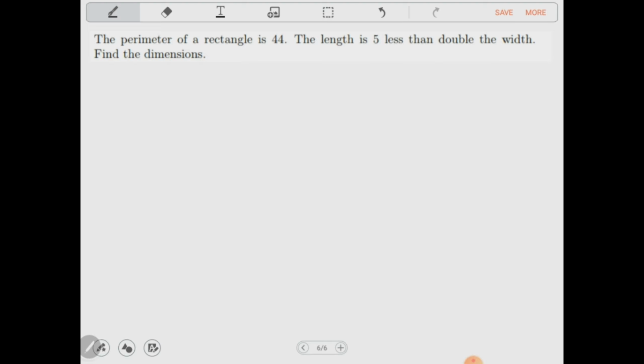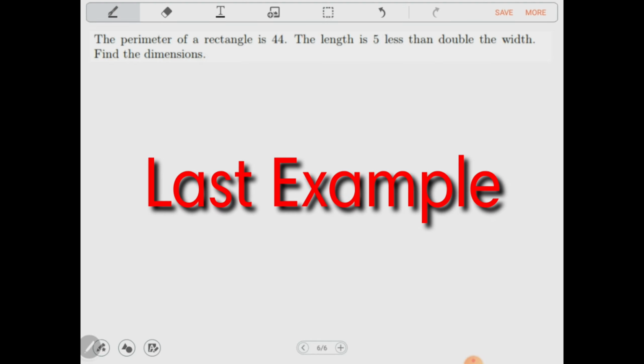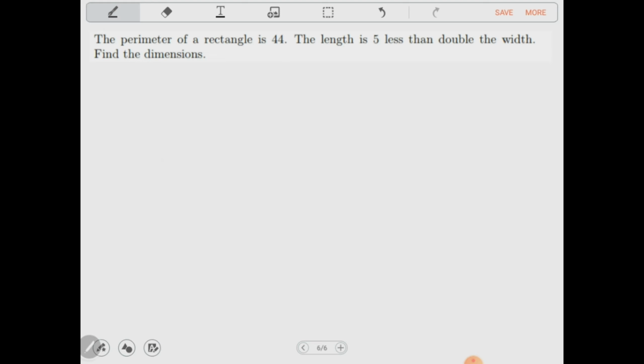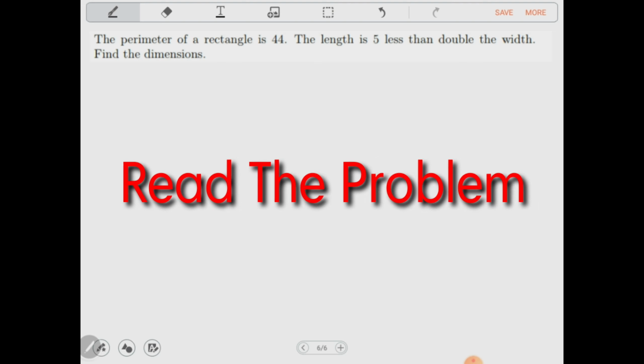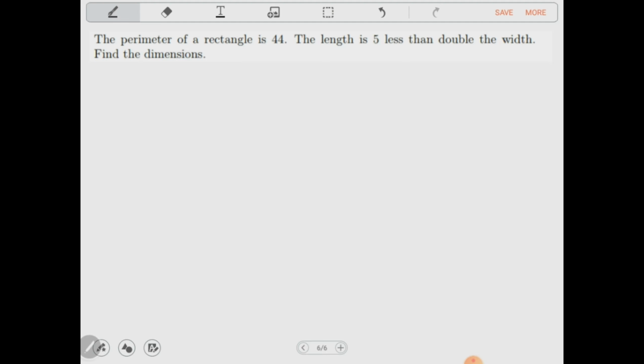The perimeter of a rectangle is 44. The length is 5 less than double the width. Find the dimension. Okay, so first thing you have to do is read the problem over and over again so that you can get an idea on how to solve this problem. The first given that we can have in the problem is the value of the perimeter, which is 44, right?